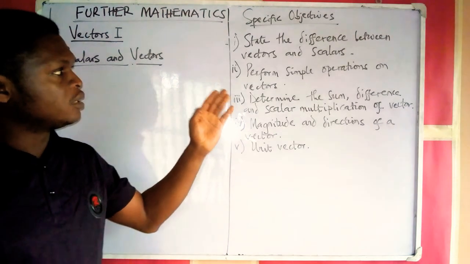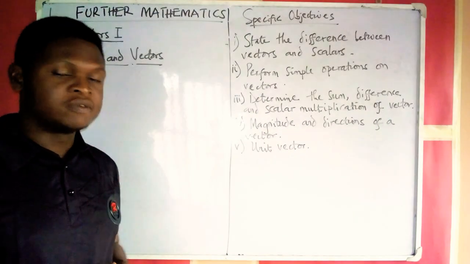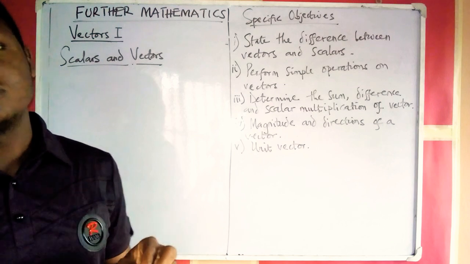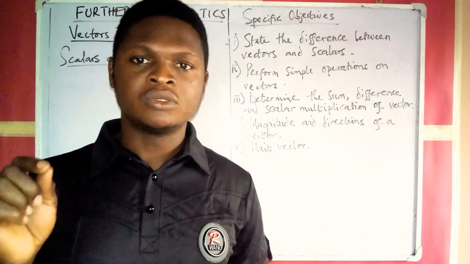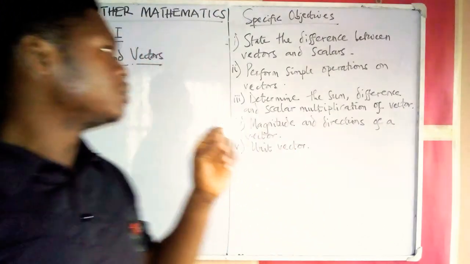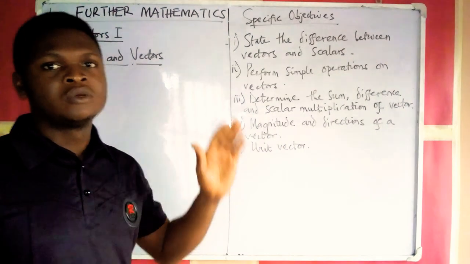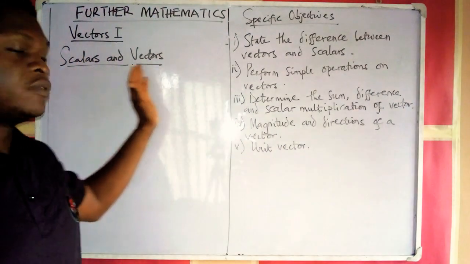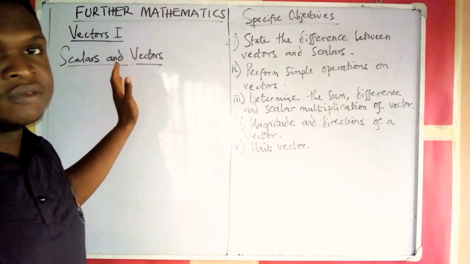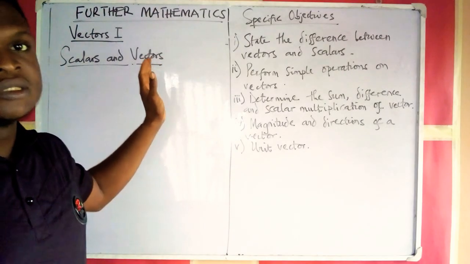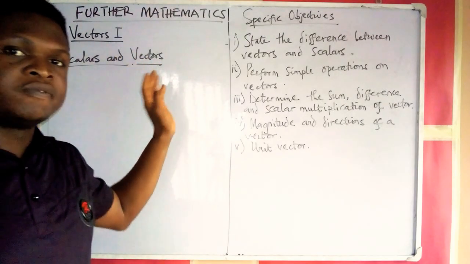Now, talking about the simple operations of vectors, there are a few different terms which are important that we have to know about vectors. Now, remember, we just differentiated between scalars and vectors. We are not interested in scalar quantities. We are just interested in vector quantities.